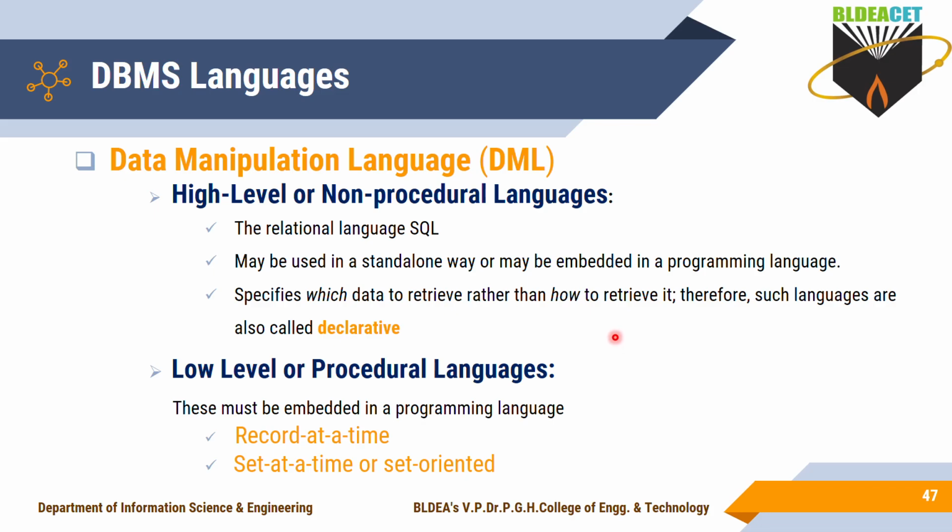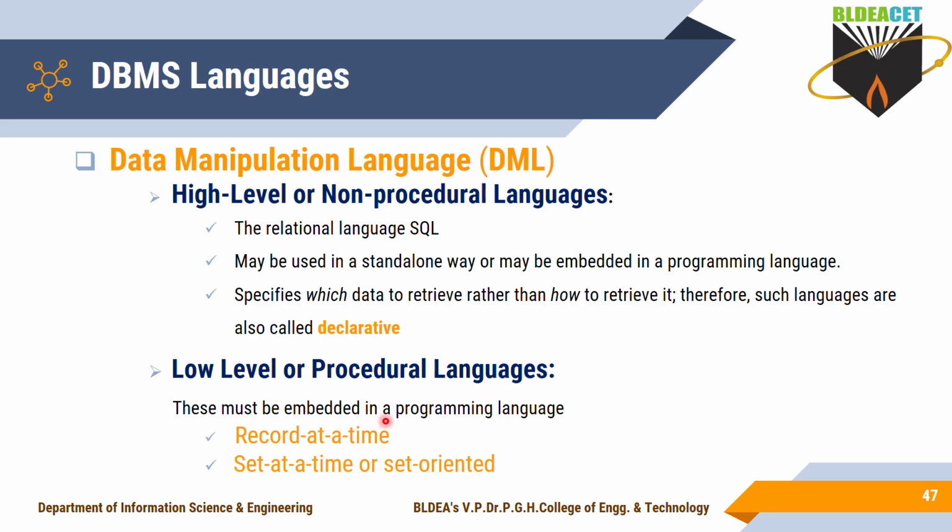So there must be embedding between these two. And for the user application, those programming languages are usually called a host language. If you have created the application using C++, Java or Python, that language we call a host language. So whatever database you require, you store using the low level or procedural languages here.